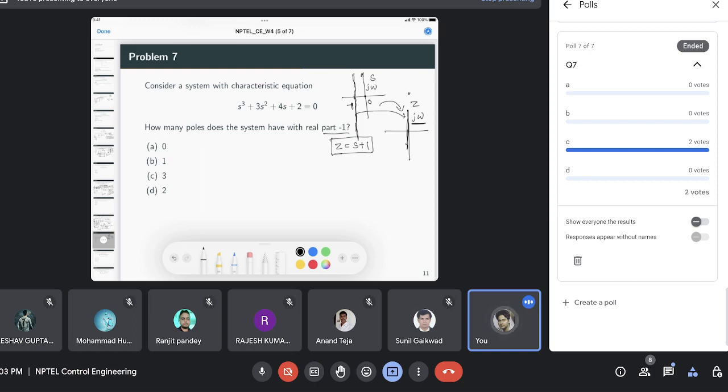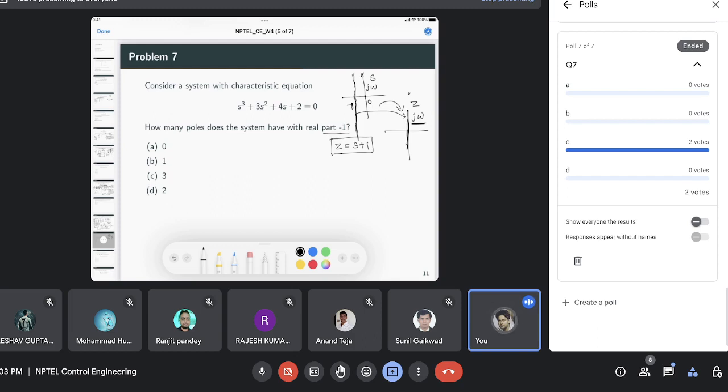So what we are doing is that you know how to analyze imaginary axis poles, right? Imaginary axis means the real part of that pole should be 0. But now you are asked about real part -1. So if you change this coordinate, you can transform this plane to a new plane where the -1 axis will be the corresponding imaginary axis, or real part 0 axis.